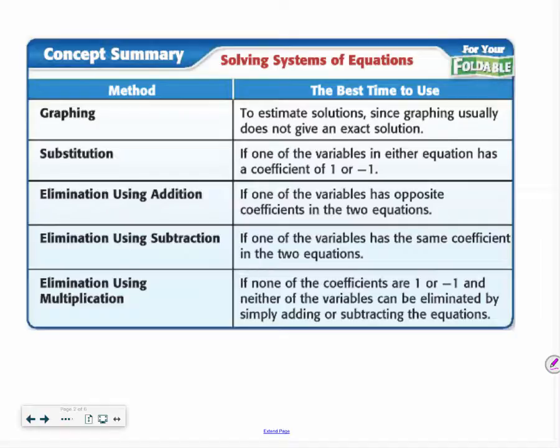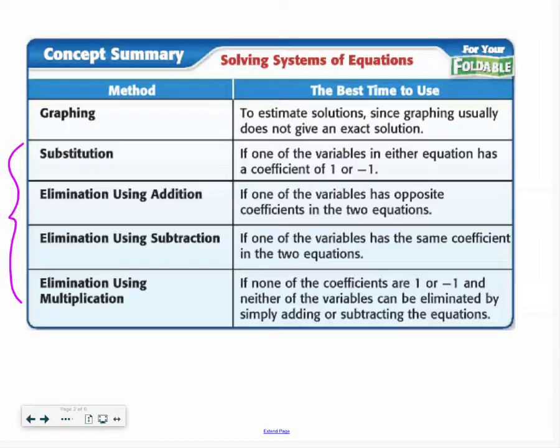It's when you don't need an exact solution, since graphing usually doesn't give you the exact solution. I'm going to be honest, you don't often choose the graphing method, okay? Usually if you have to graph it, I tell you and I put a chart there for you to graph it on. What you do really need to focus on is being able to remember how to tell when to use each of these four.